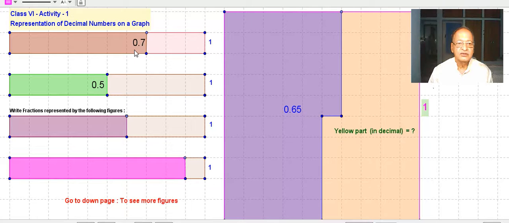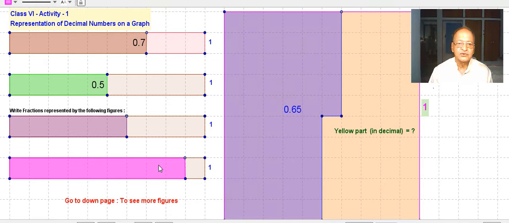Now if we want to compare which is bigger or smaller, say among these two, which is bigger? It is clearly visible. 0.6 is bigger than 0.5. Here 0.9 is bigger than 0.7. 0.7 is smaller than 0.9.